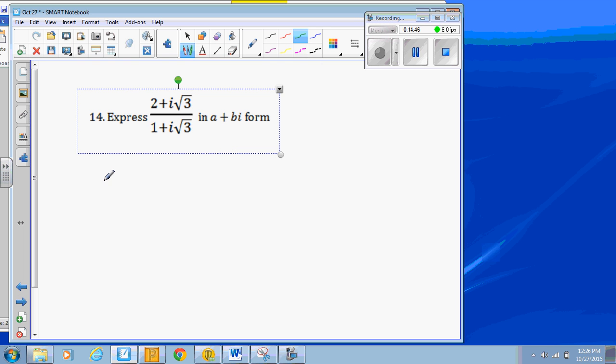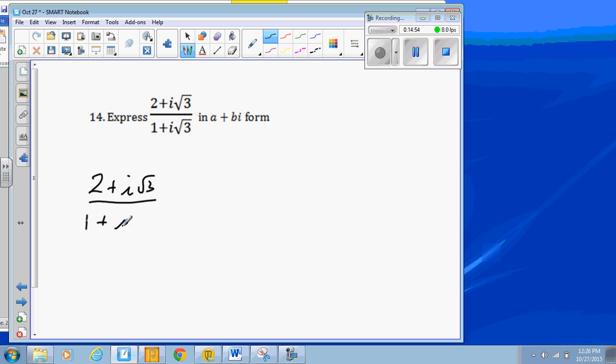This is going to be, let's write this here, 2 plus I square root of 3 over 1 plus I square root of 3. It's the same principles, it's just the problems get a little bit more complicated. We multiply by the conjugate of the denominator. So that's going to be 1 minus I square root of 3.